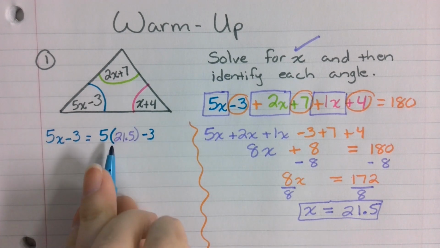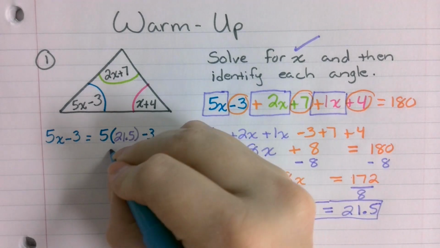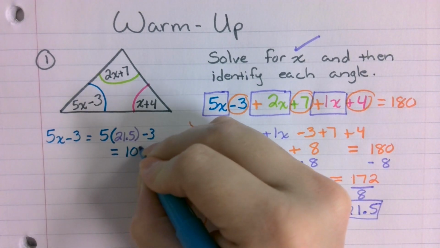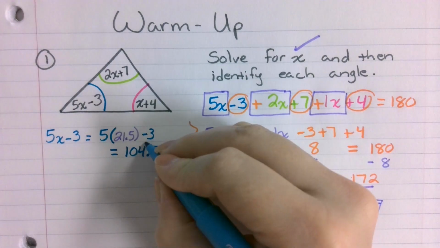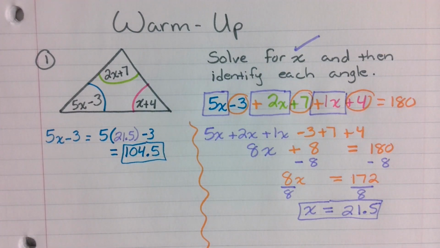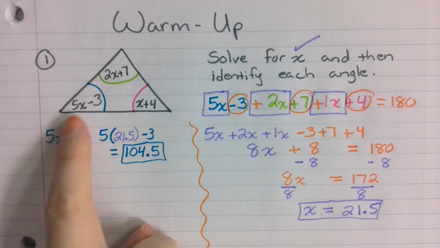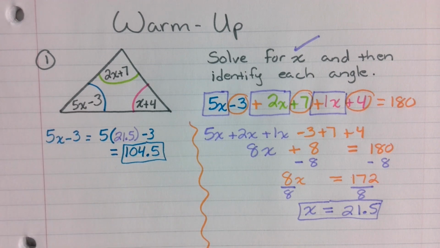You got to multiply first, and then you're going to subtract. When you do so, it's going to come out to 104.5. So one angle is 104.5. Some of you instead were setting each of these angles equal to 180 degrees. Does this look like it's a straight line? It's not. Got to be careful about that.